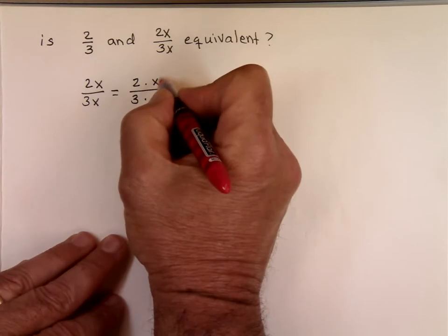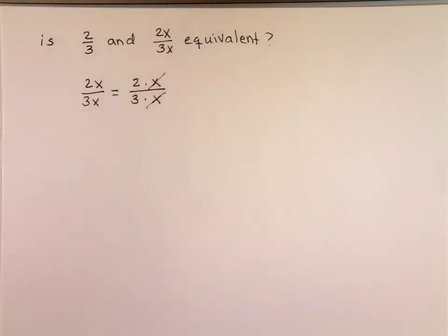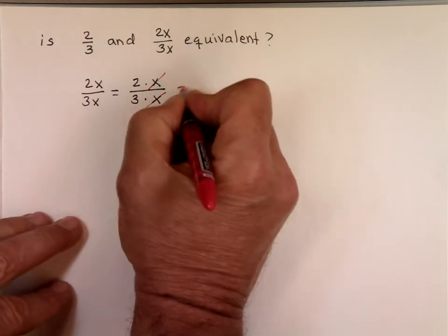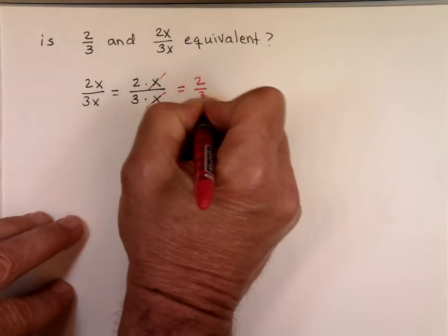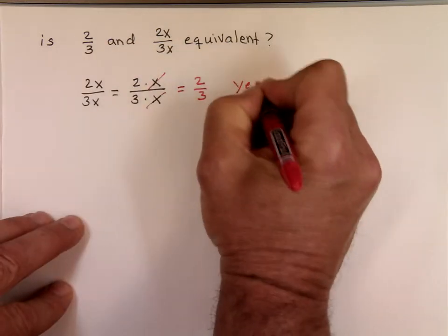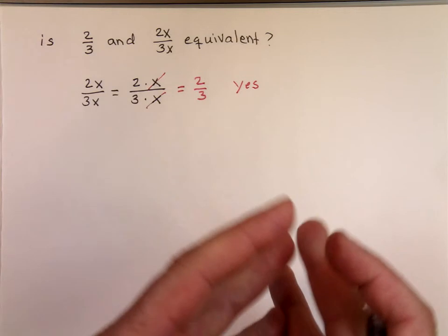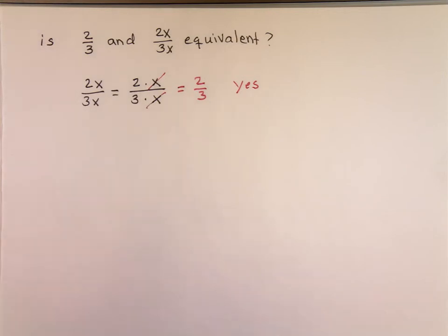So you get the x on both the top and the bottom. They will cancel each other out. And what's left in this one? 2/3. Is that the same as this? Yes. So that's another way of seeing if the two rational expressions are equivalent. You take the bigger one, you try to simplify it, see if you can change it to the smaller one.